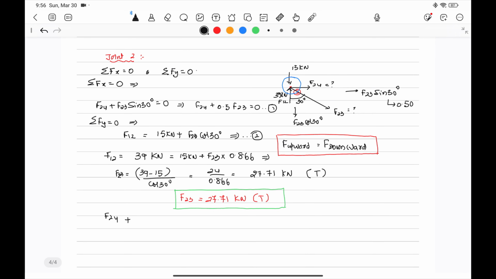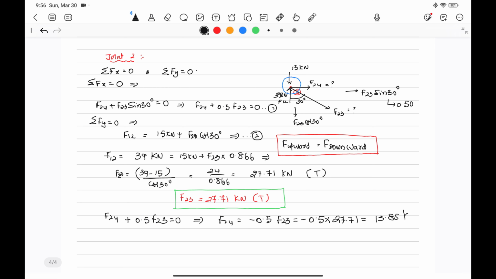F24 plus 0.5 F23 is equal to 0. That implies F24 is equal to minus 0.5 into F23. That is equal to minus 0.5 into, what is F23? 27.71. (27.71 into 0.5), 13.85.